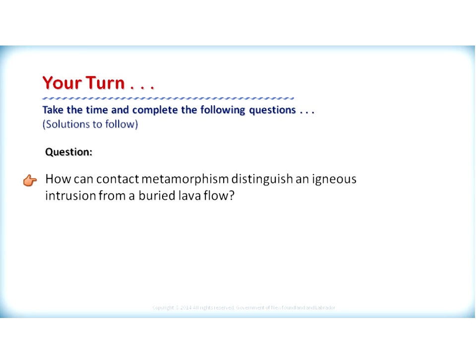The question reads, how can contact metamorphism distinguish an igneous intrusion from a buried lava flow? If we look at the question carefully, it asks us to refer to contact metamorphism and how it can distinguish an intrusion from a lava flow.